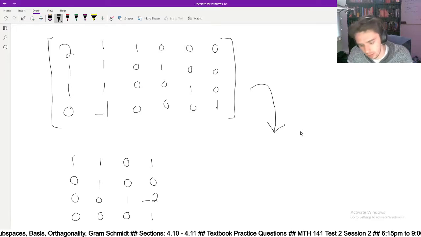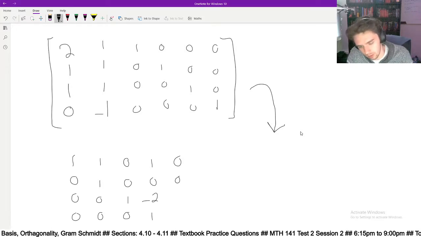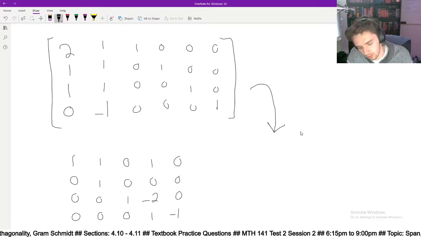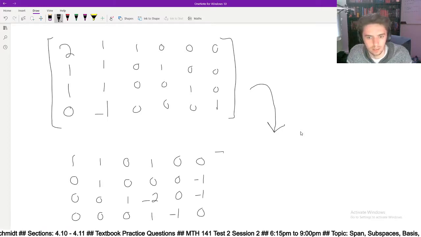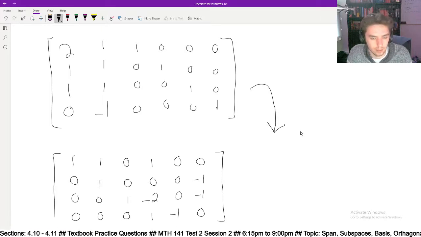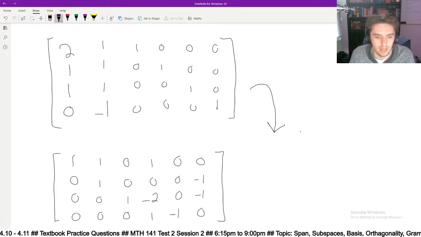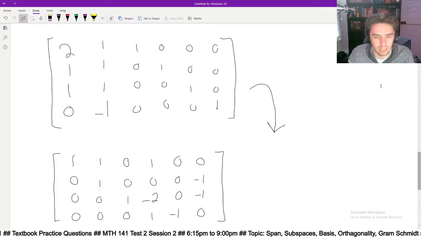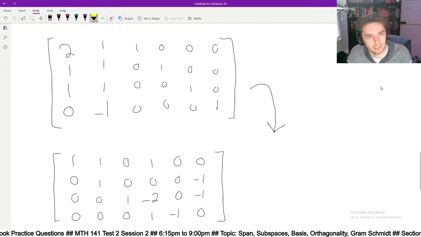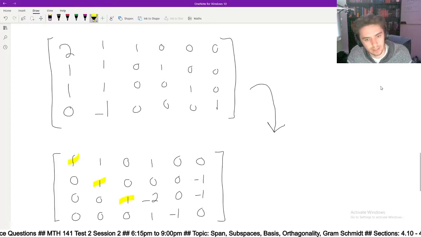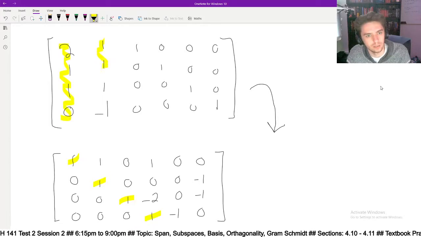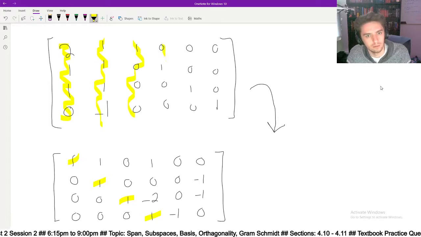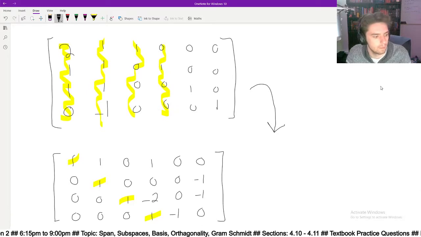Who knows? That doesn't really matter, actually. 0, 0, 0, minus 1, 0, minus 1, minus 1, 0. Okay, so after RREF, it's here. Or not even RREF, just REF. And so now you can see which ones have the leading entries, right? So that means we choose these four. 1, 2, 3, 4, right?